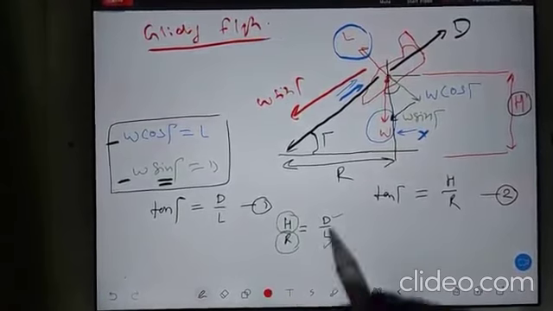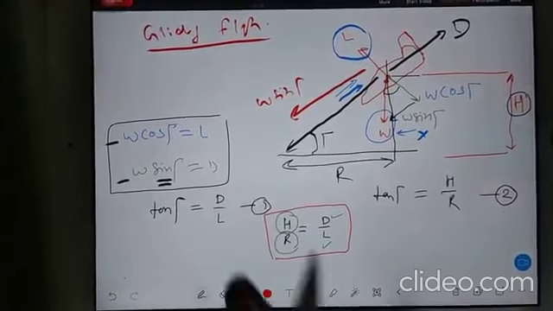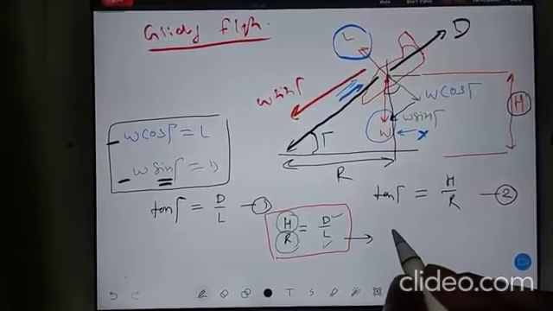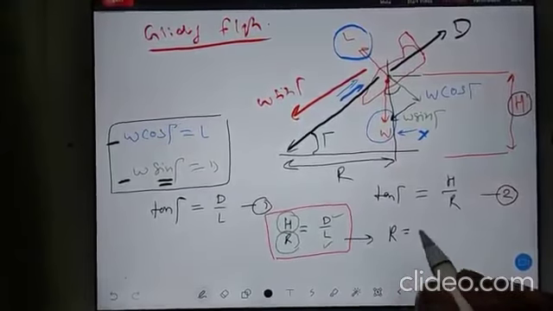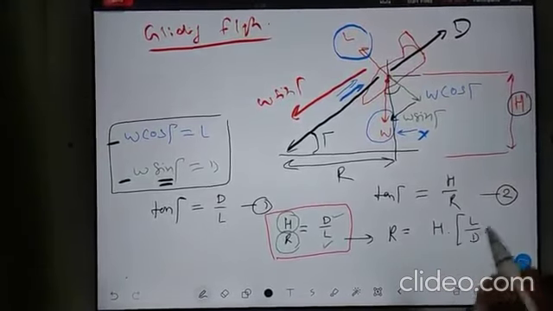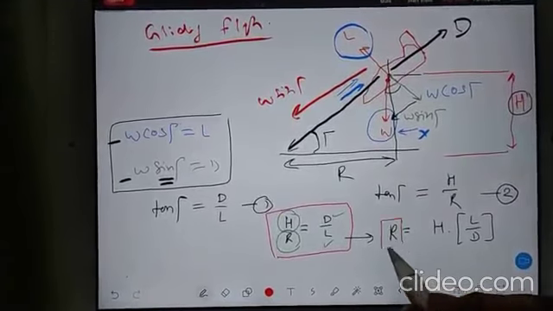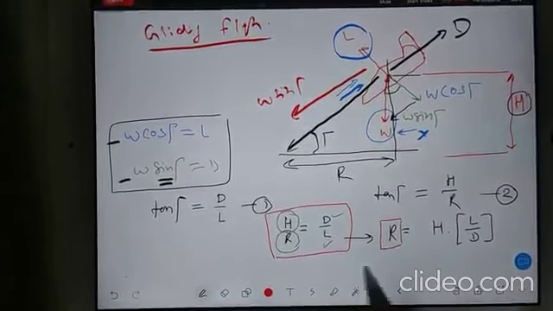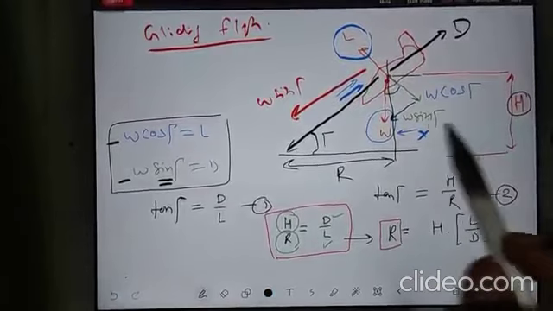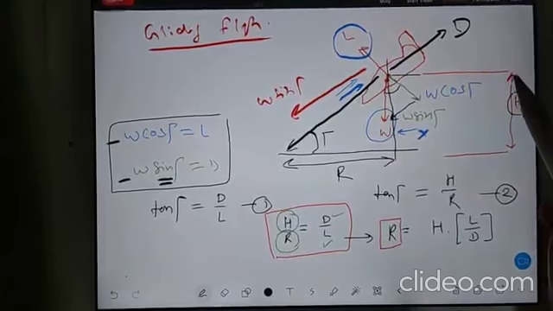From this they can ask a theoretical question. You shuffle this equation and write R is equal to h into L by D. Now see, R should be maximum. Suppose you are flying in an aircraft and there is some technical fault, and because of that it has to glide.